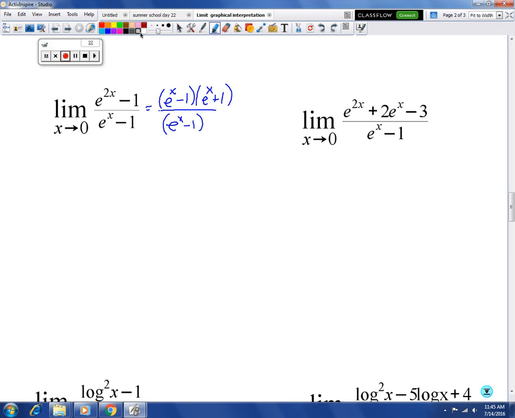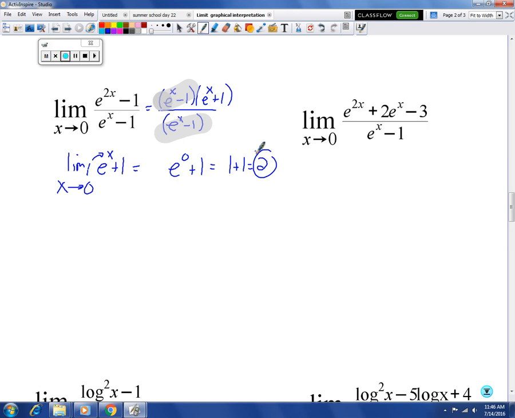We see that this cancels, so we would have the limit as x approaches 0 of e to the x plus 1. We substitute the 0, we get e to the 0 plus 1. e to the 0 is 1, plus 1, we get a final answer of 2. So that's one that students sometimes have trouble with because we hardly ever do e to the 2x.